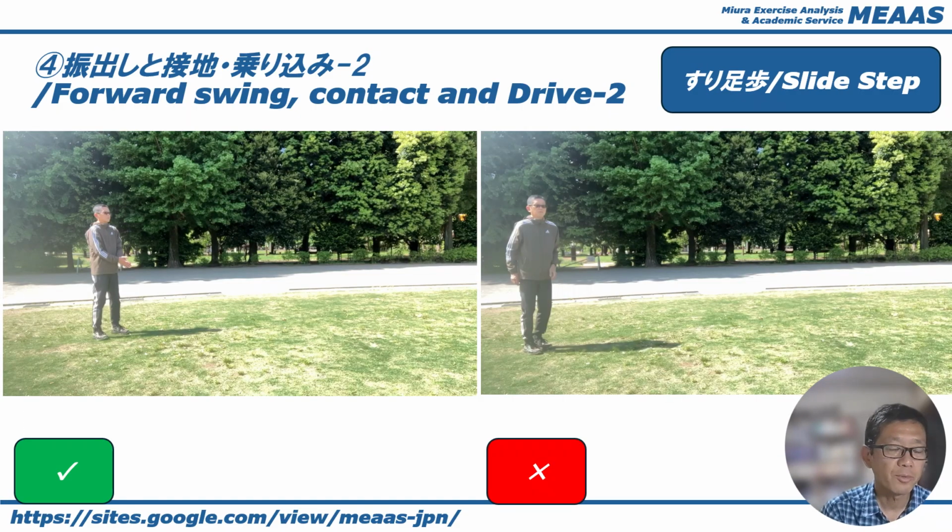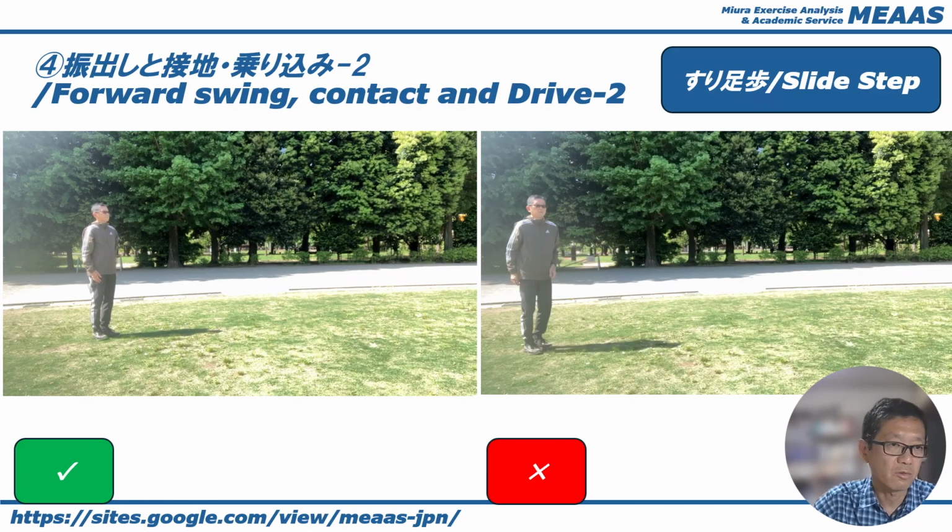On the next step, we will learn about the movement of contact force and force drive, and swing and driving, a little bit faster movement from the number 1 movie.